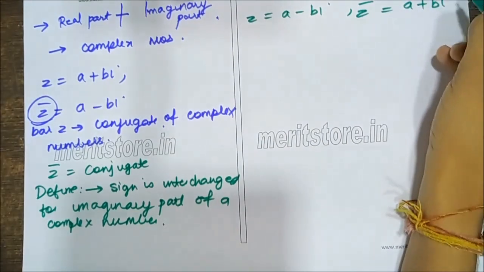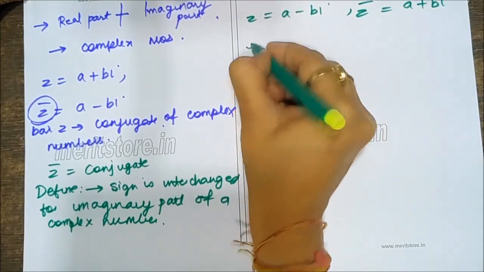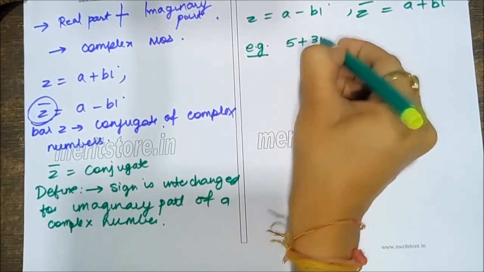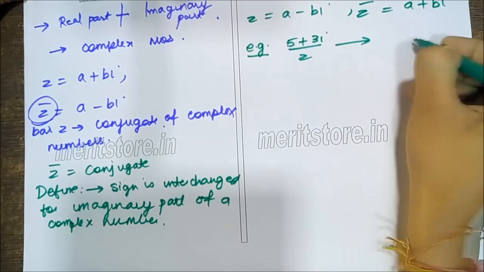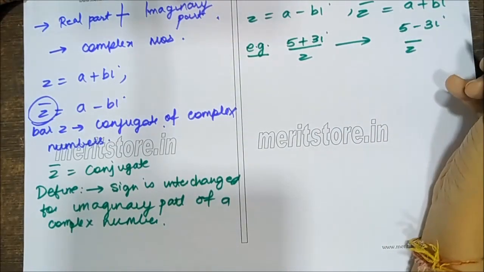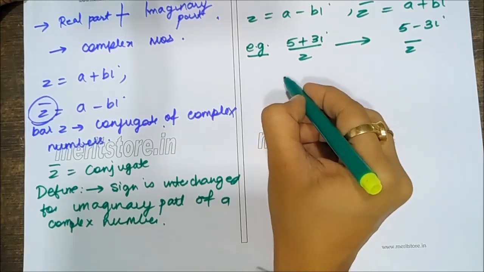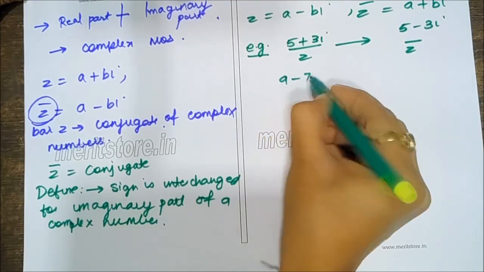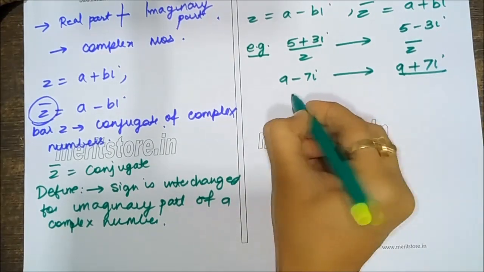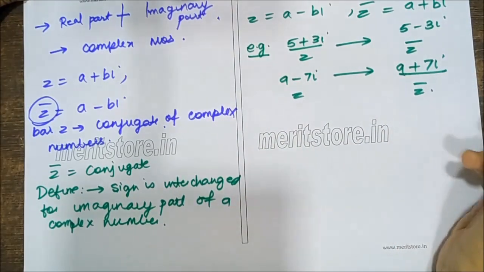As simple as that. So let's take an example again. 5 plus 3i is my z. So bar z will be 5 minus 3i. Simple. If I say 9 minus 7i, I would write here 9 plus 7i, that is bar z.